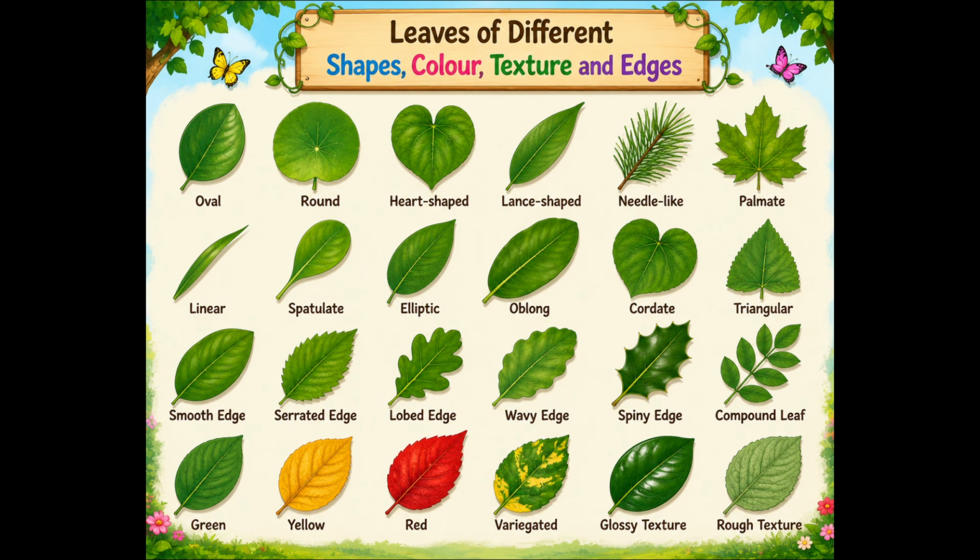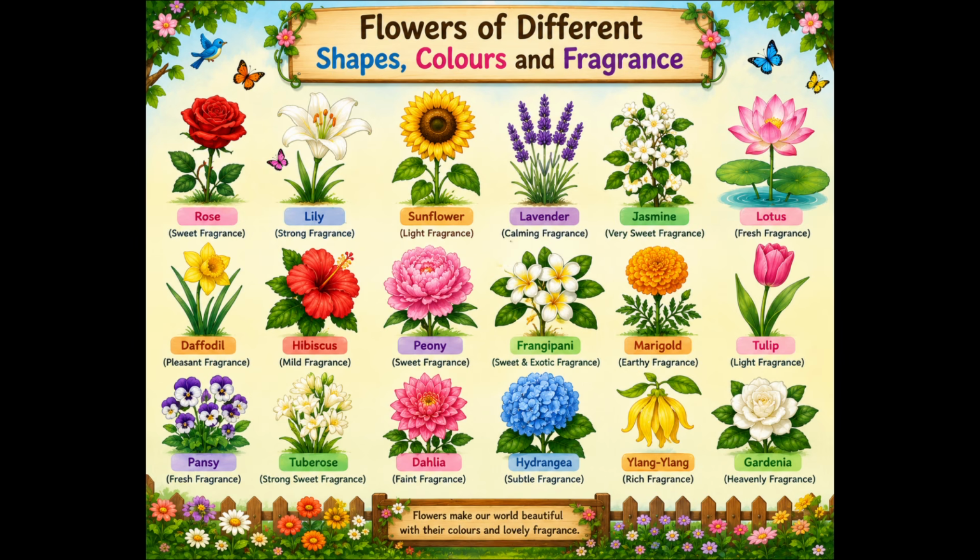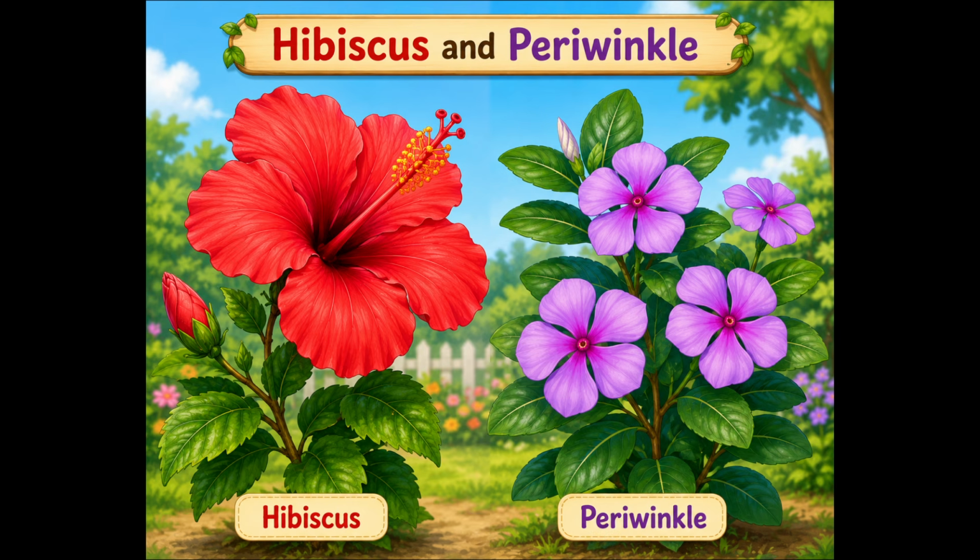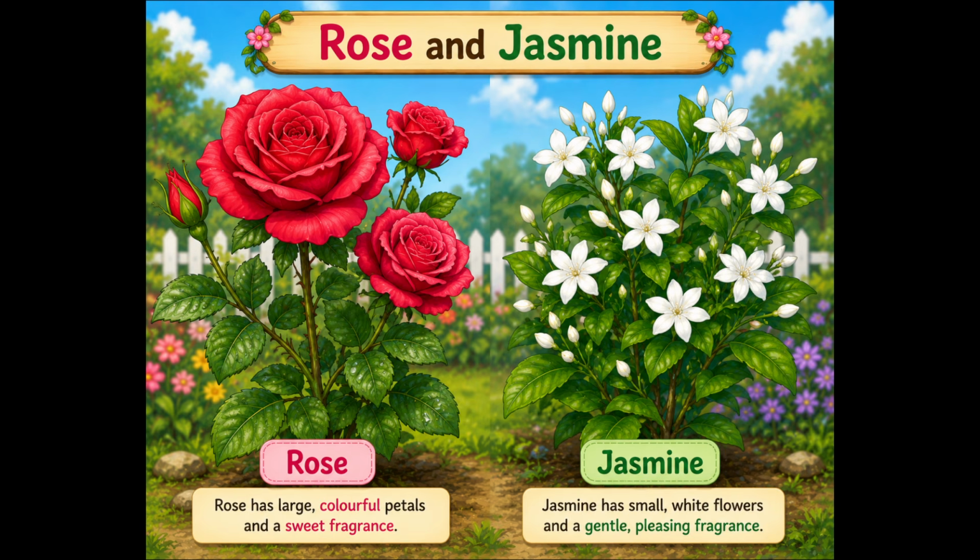Leaves. Leaves differ in shape, color, texture, and edge patterns. Flowers. Flowers have different shapes, colors, and fragrance. Some flowers like hibiscus, periwinkle have 5 petals, while rose and jasmine have many petals.